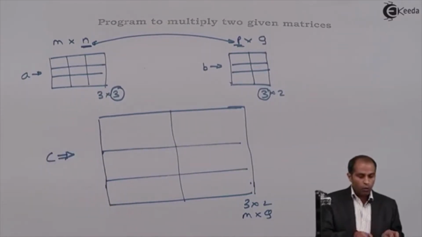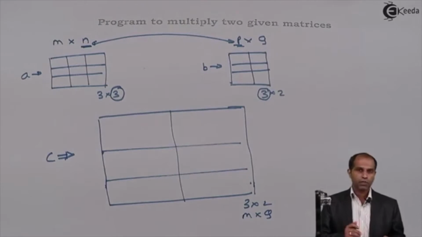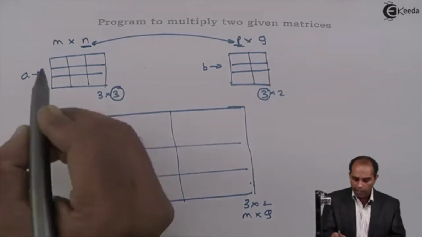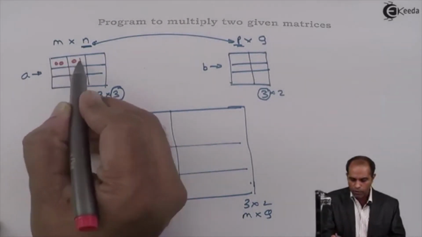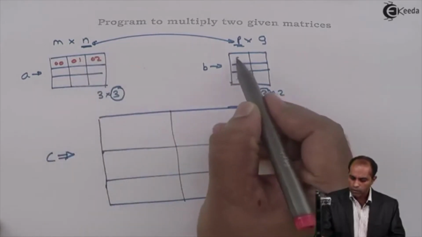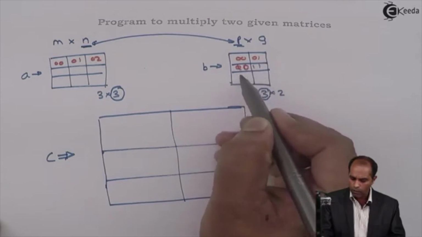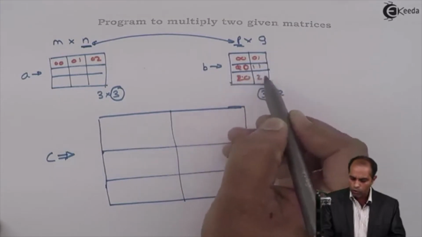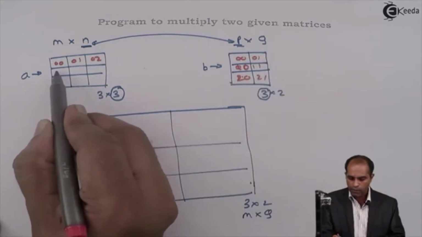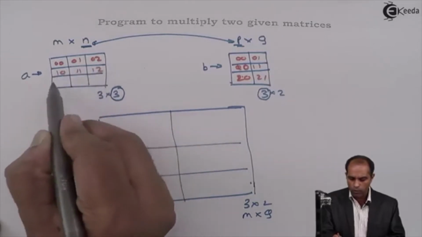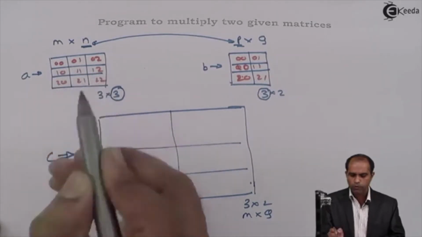Now the question comes: what will be the value of C of 0, 0? Let me write the indexes at this place. A of 0, 0, 0, 1, 0, 2; 1, 0, 1, 1, 1, 2; 2, 0, 2, 1, 2, 2.